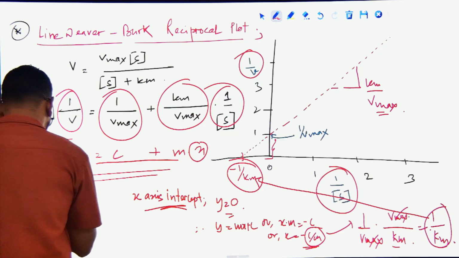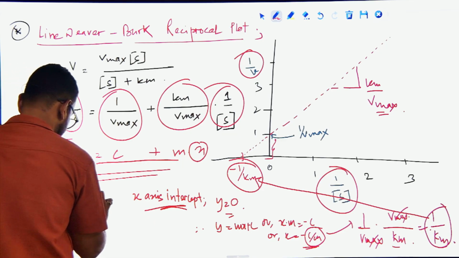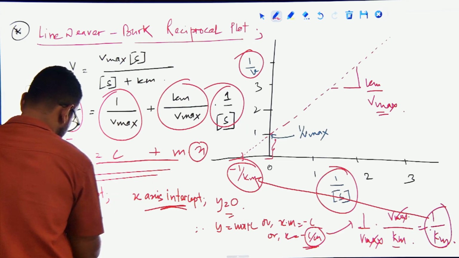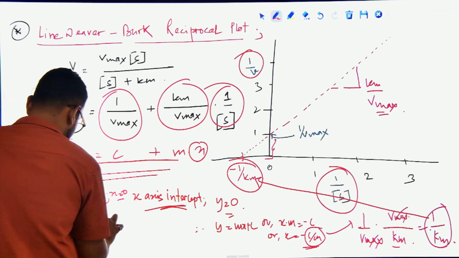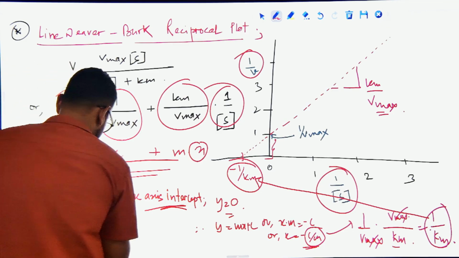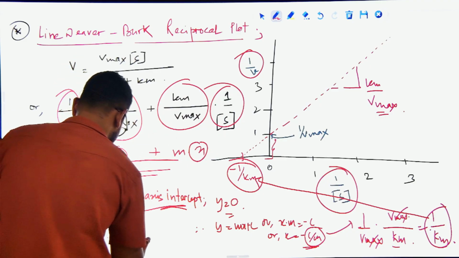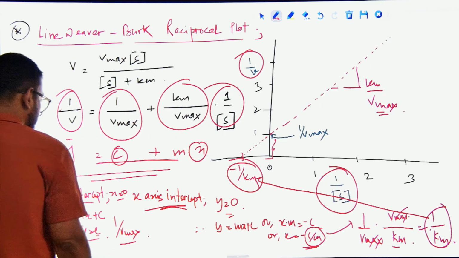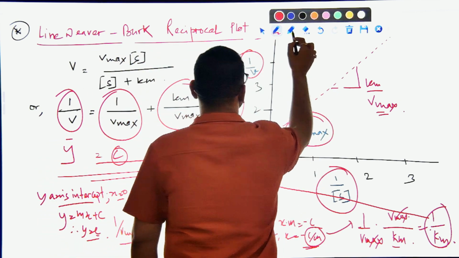Similarly, for the y-axis intercept, that means x equals 0. y equals mx plus c, therefore y is equal to c. What is c? 1 by Vmax. So the y-axis intercept is 1 by Vmax.